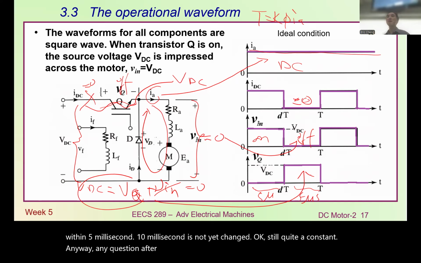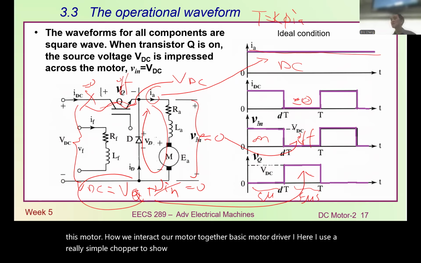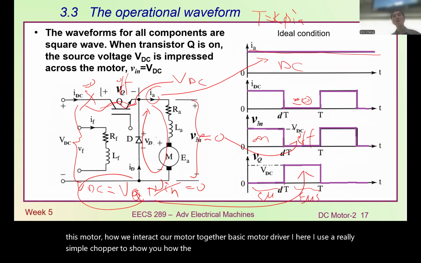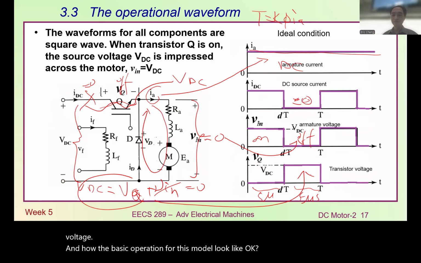So this gives you a really basic operation for this motor, how we interact with a motor to get a basic motor driver. Here I use a really simple chopper to show you how the transistor turns on and off to provide variable voltage, and how the basic operation for a DC motor looks.